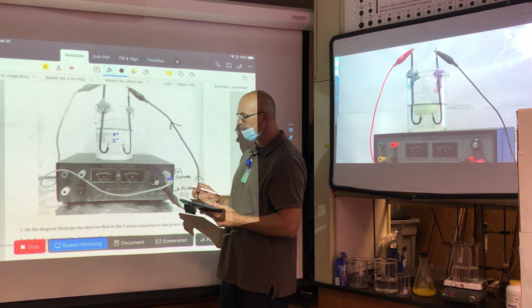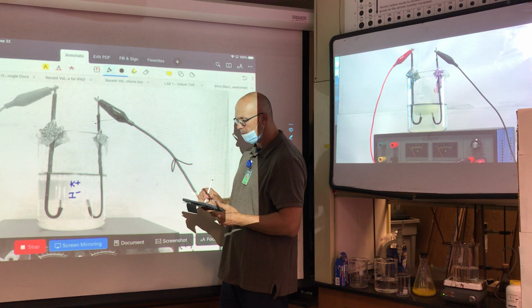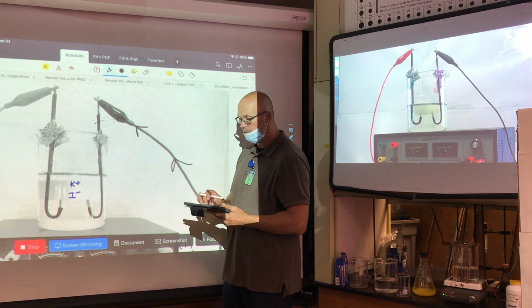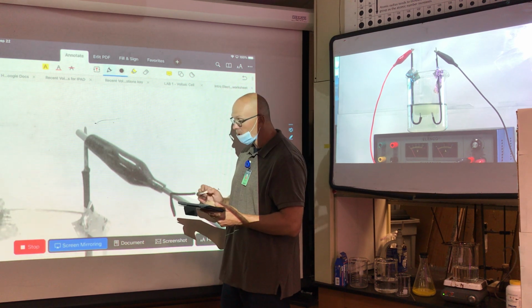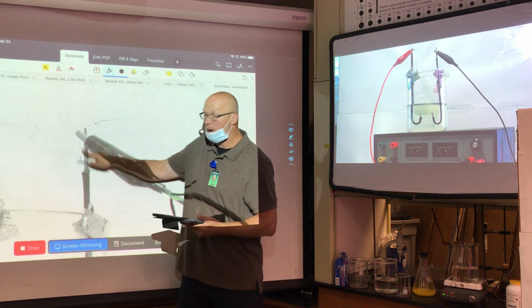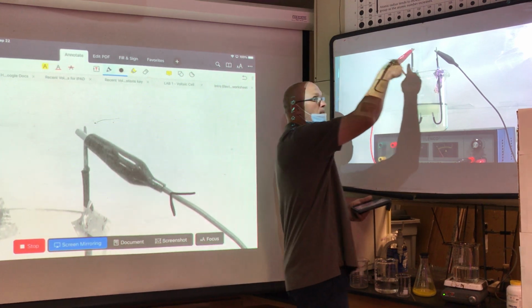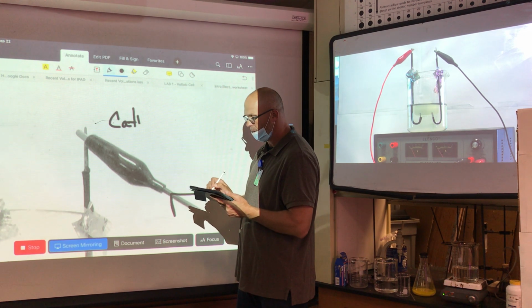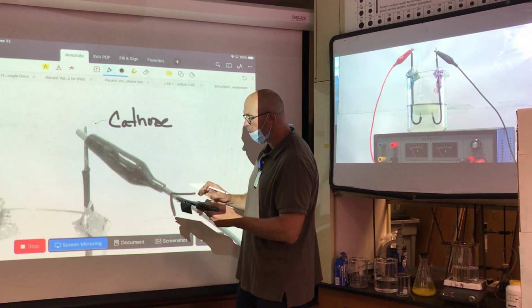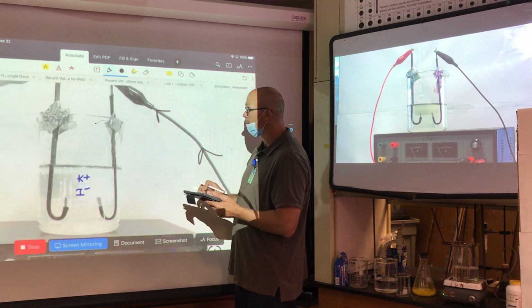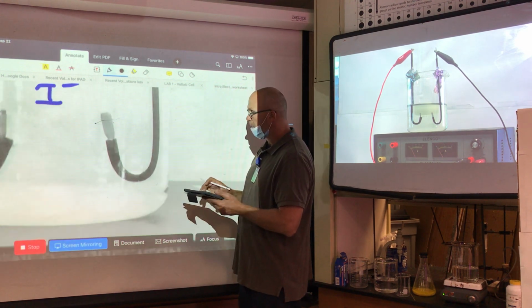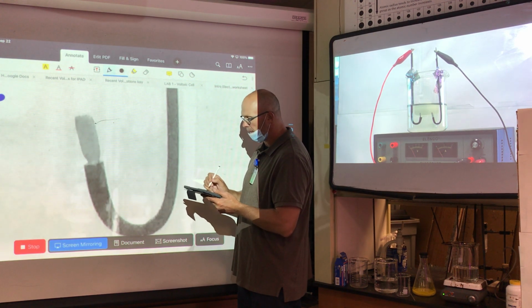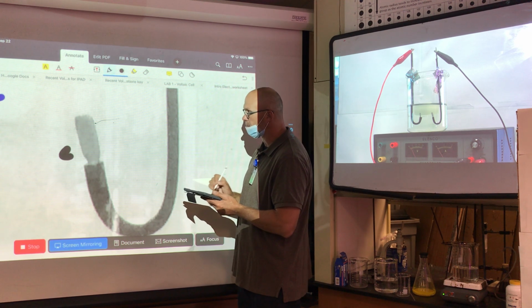And electrons always flow from the what to the what? Anode to the cathode. So this guy right here must be the cathode, because we have electrons moving toward it. And I'll just draw it up close and personal. There's negative electrons there.